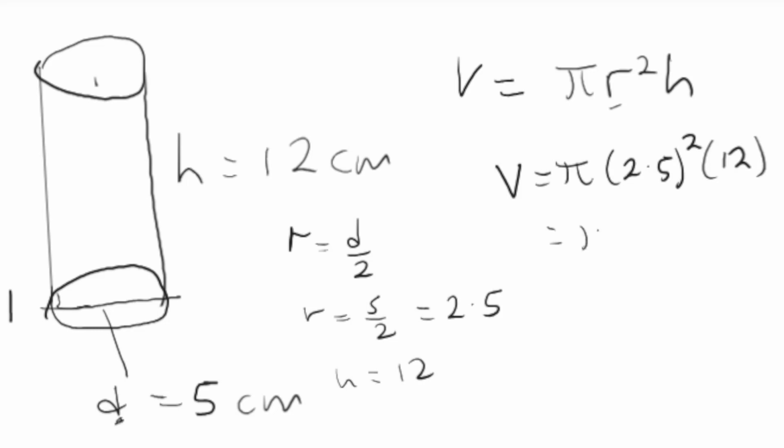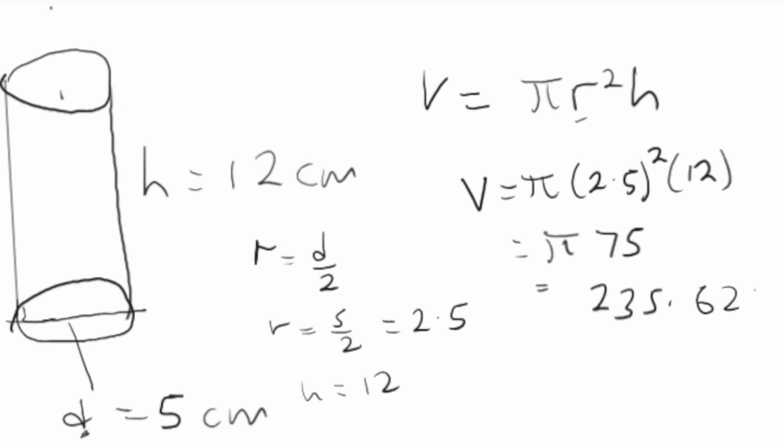And so this way we get pi times 75, which is 75 pi. And then 75 pi, put in the calculator, I get 235.62. And then it is in centimeters, so your unit should be centimeter cube.